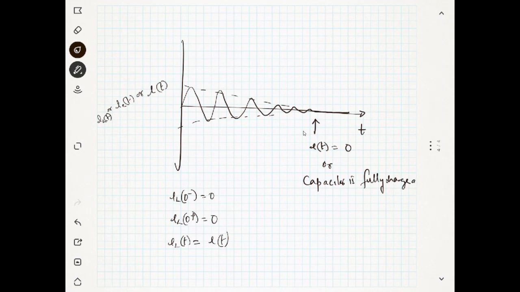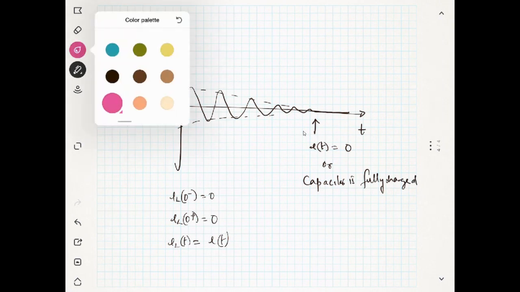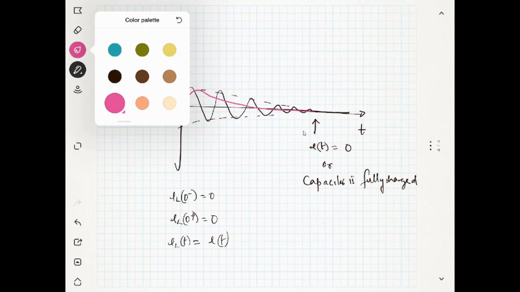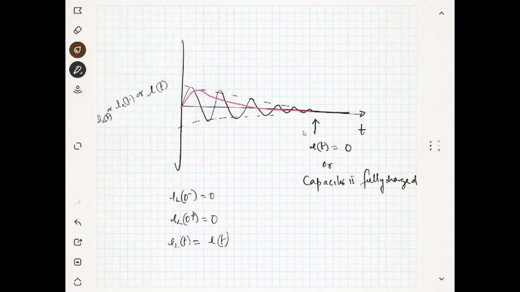Sometimes you may get the response without oscillation also. It will be going like this. Sometimes you will get it, and sometimes you will get the response in another way also, like this.